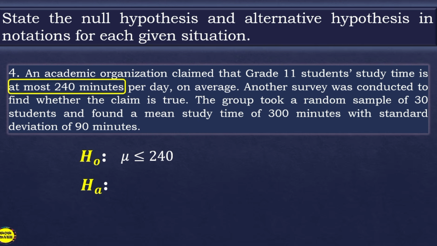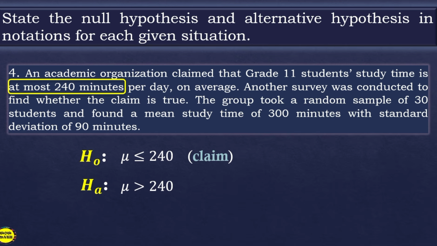So ano ba yung symbol na gagamitin natin kapag at most? Okay, at most 240 minutes is under the null hypothesis, kasi yung symbol na gagamitin natin kapag at most ay less than or equal. So, ibig sabihin, yung claim natin ay nasa null hypothesis.